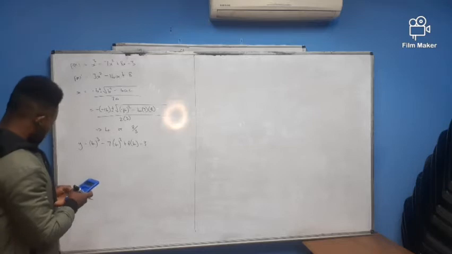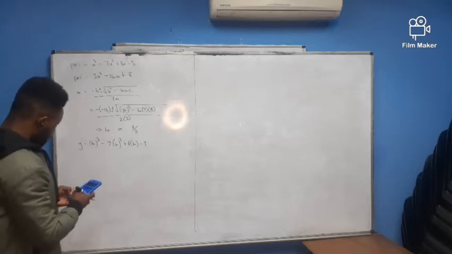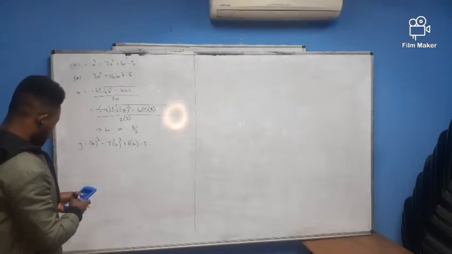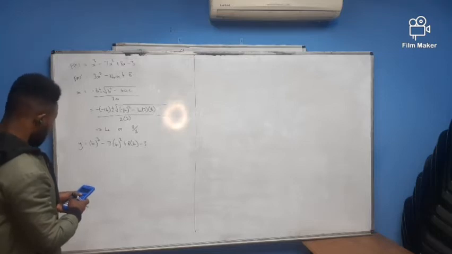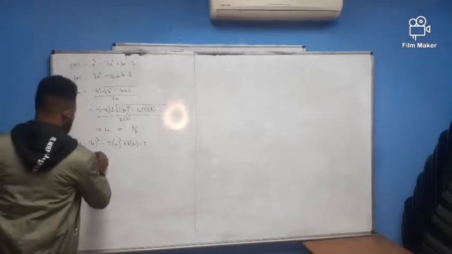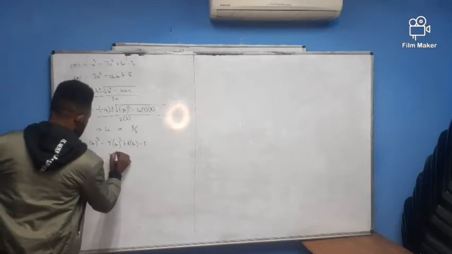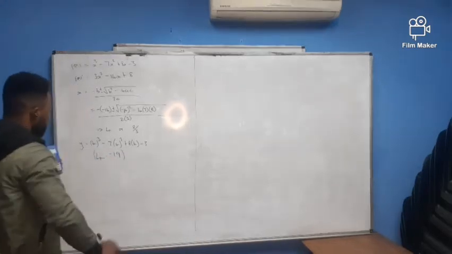Let me recheck if it is correct. I'm getting minus 19, which means 4 and minus 19 is my first turning point.